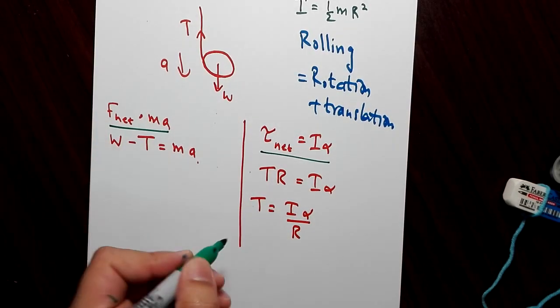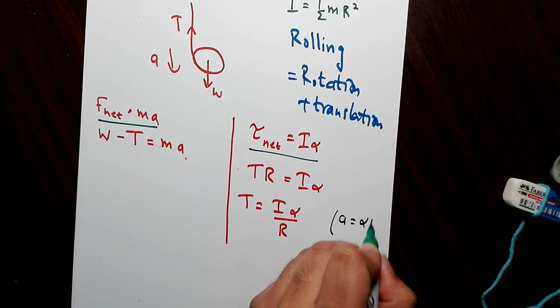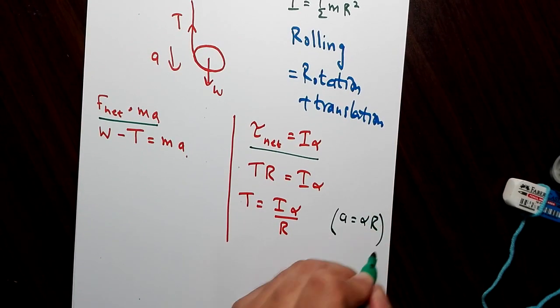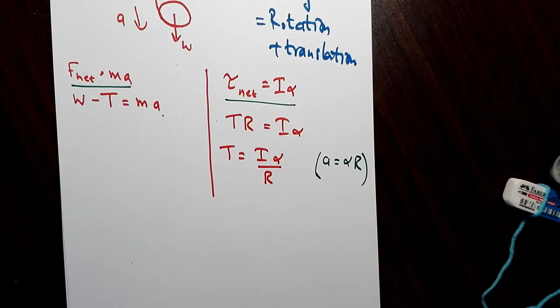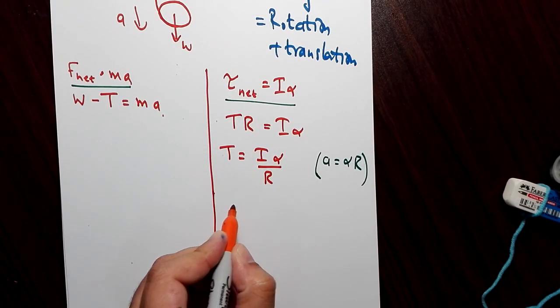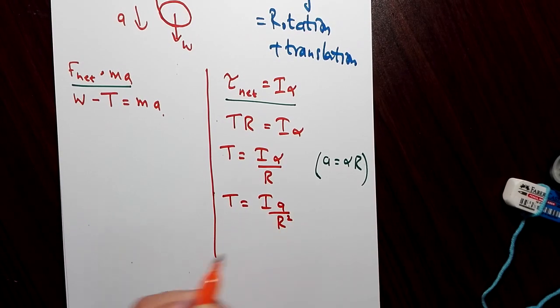Now a equals alpha times R, so alpha is a divided by R. We can plug that in, so we get tension equals I a divided by R squared.